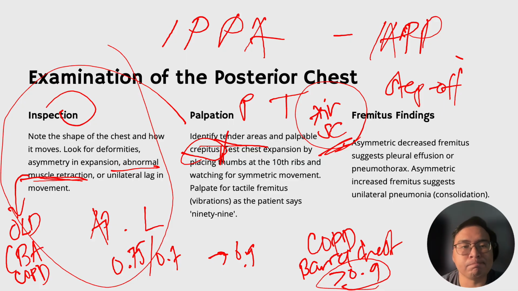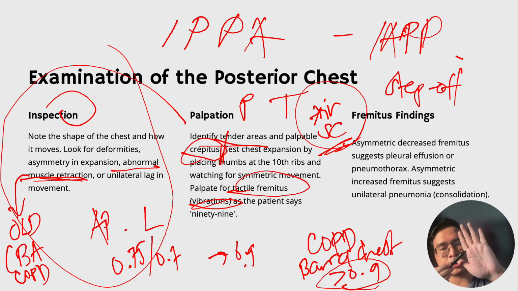Okay? Third, you need to check for tactile fremitus or vibrations. So how do you do that? You use the balls of the fingers, of the hands, or the ulnar surface of your hands. Then you apply it on the patient's back. Okay? So what are you feeling for?